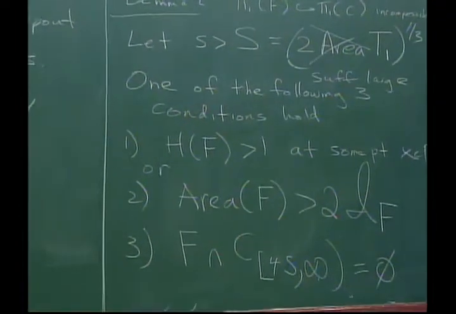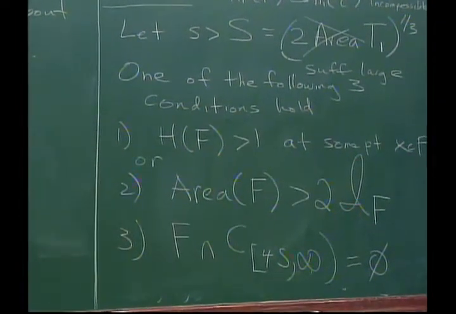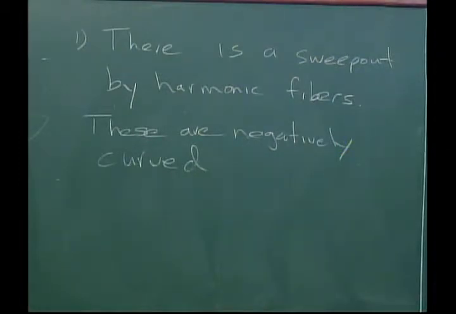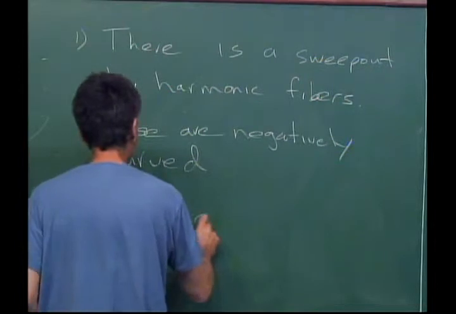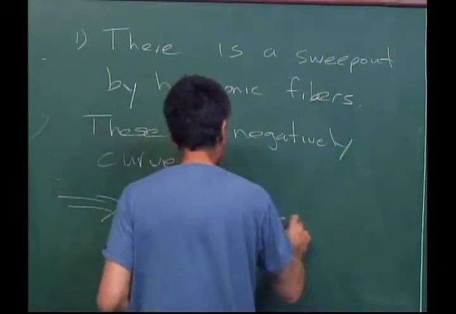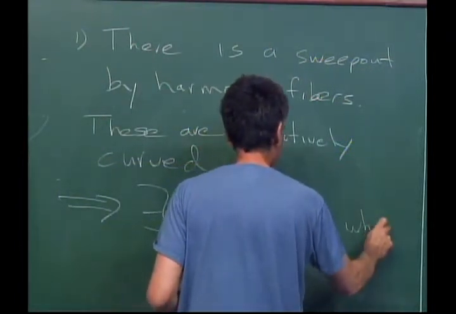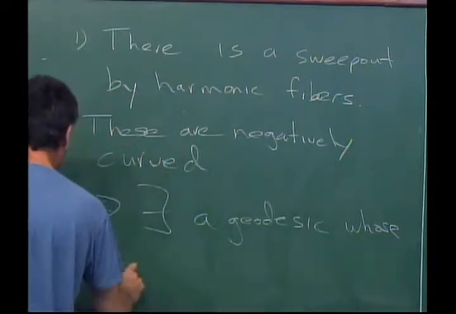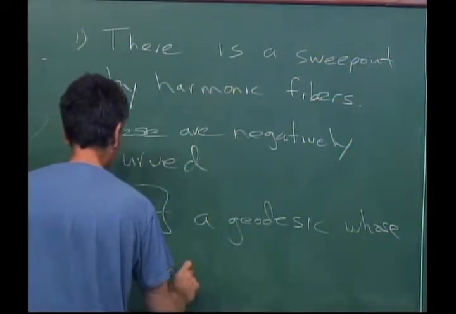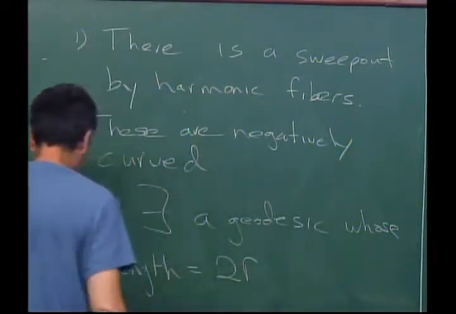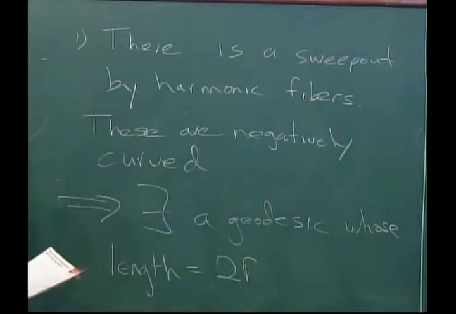And in particular, the fact that you can find a family of negatively curved surfaces filling up this manifold implies that there exists some geodesic whose length is bounded. And you can get some bounds.